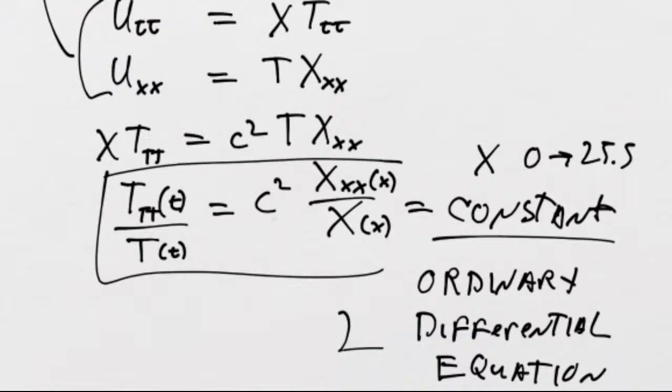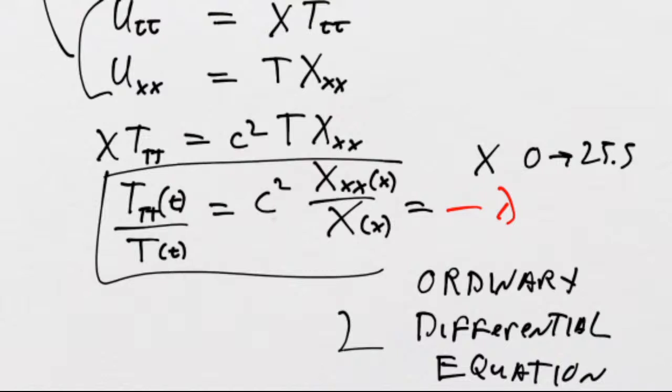So we end up with two ordinary differential equations. What are those two ordinary differential equations? Well, the first thing is we're going to conveniently call this constant minus lambda squared. And the two differential equations are going to be: T double prime plus lambda squared T equals 0.